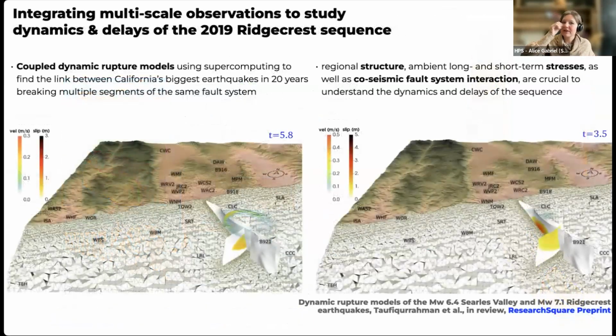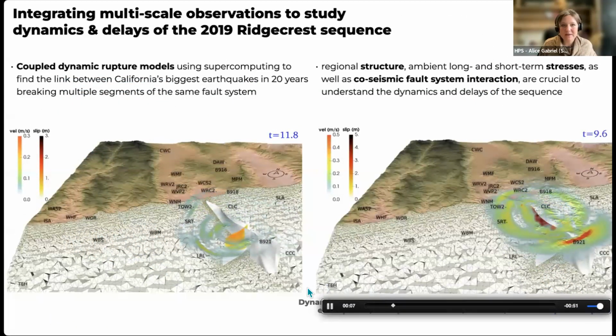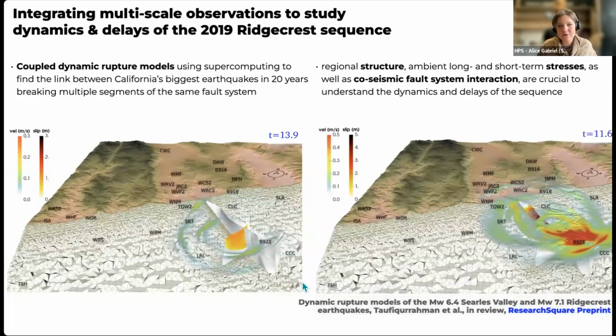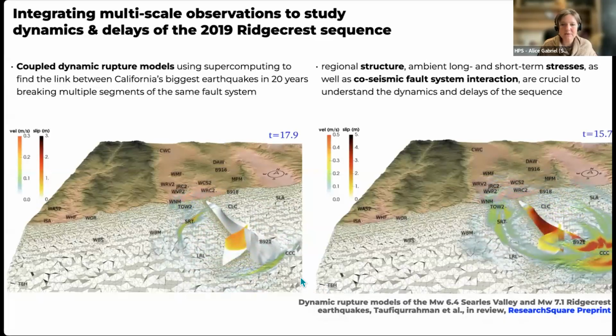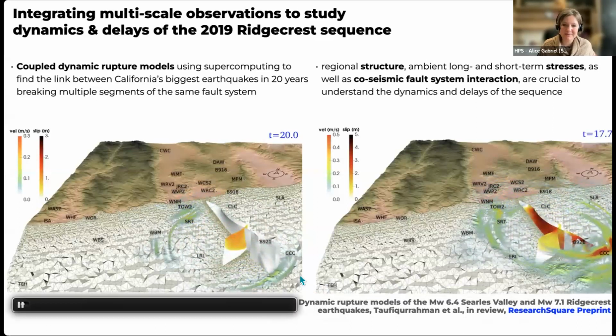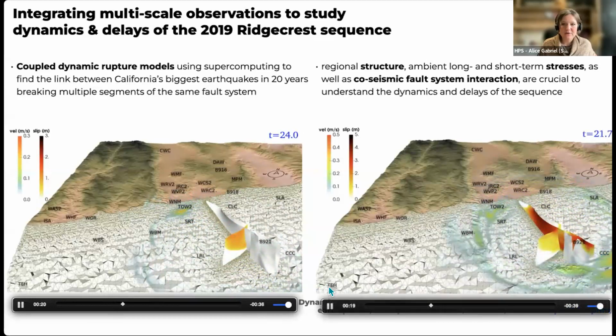Here, I want to show you one example of how this can look in practice. This is a recent model of the 2019 Ridgecrest foreshock and main shock. It's a nice example to show, because we're using a lot of the tools that have been presented yesterday to set up these dynamic rupture simulations. So first, you see two simulations playing.